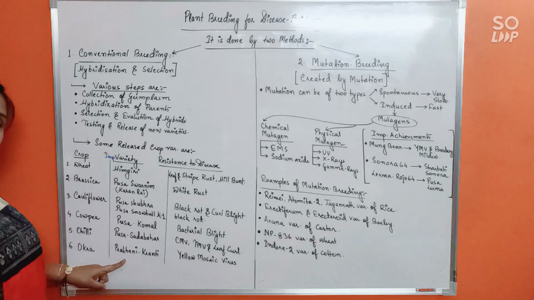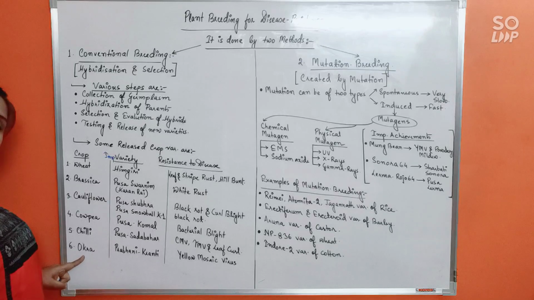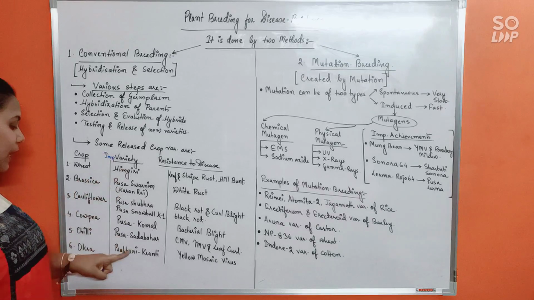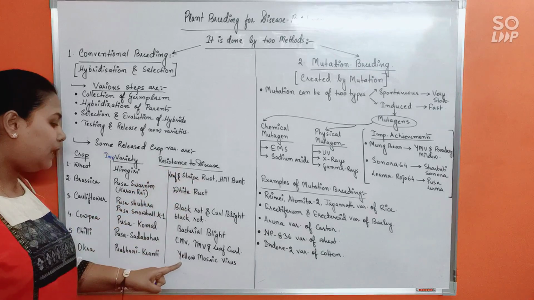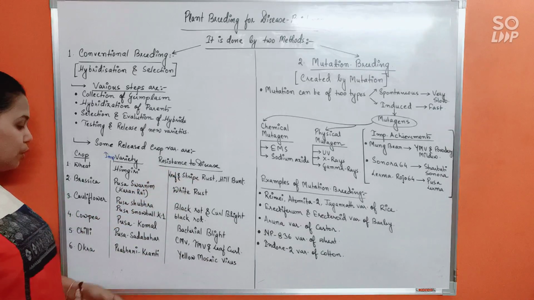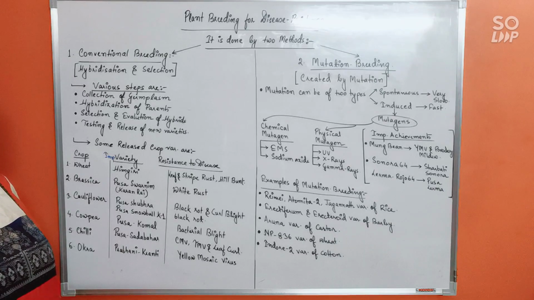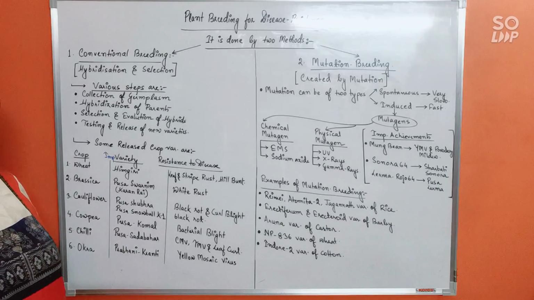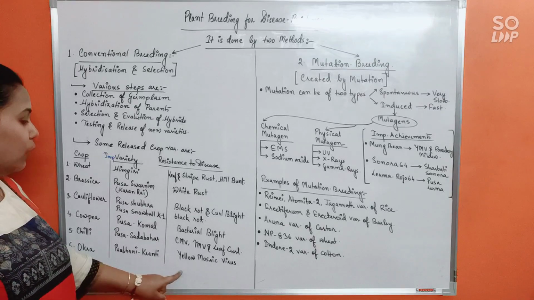Okra means bhindi. The improved variety is Parbhani Kranti, and it is resistant to yellow mosaic virus. This Parbhani Kranti variety of bhindi has been produced using a disease-resistant gene from the wild relative.